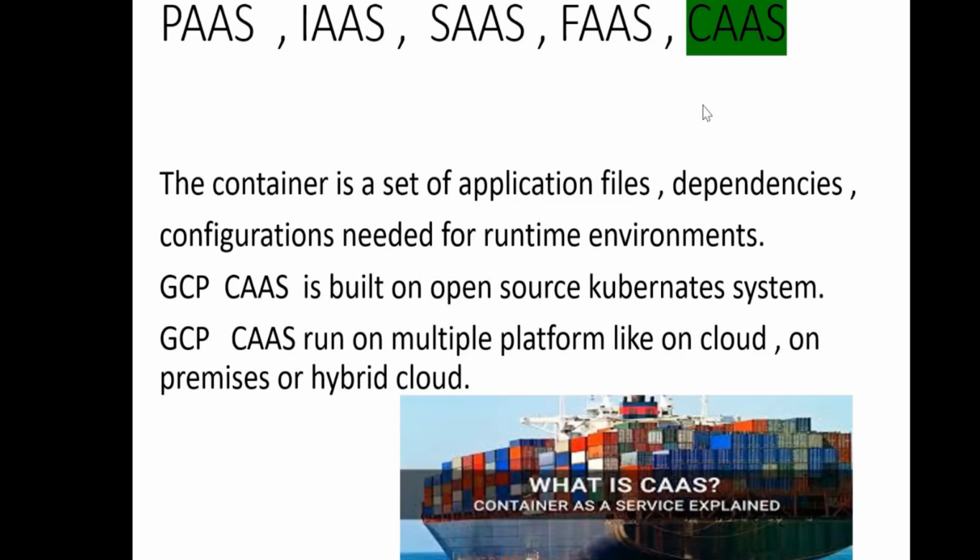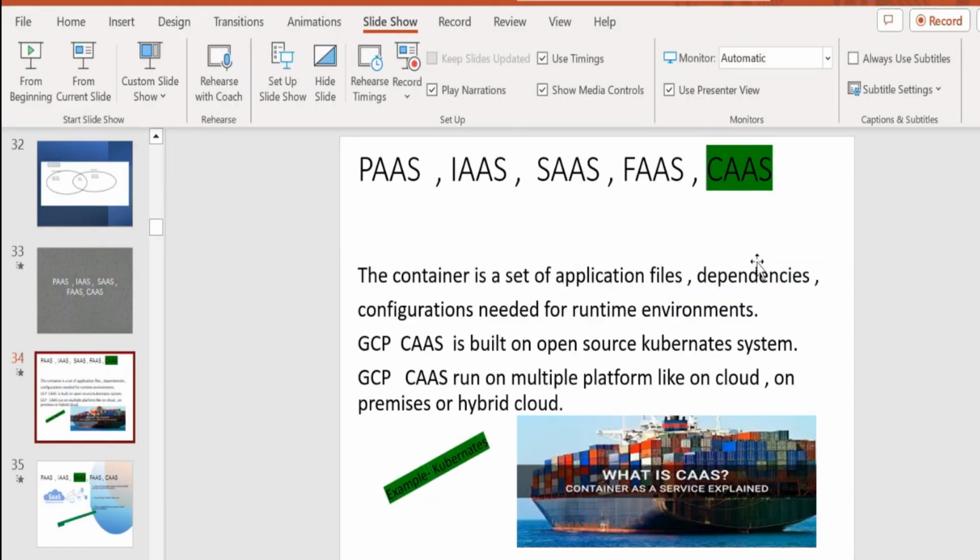So CaaS, container as a service, means our Kubernetes can create multiple containers, and at the time of load, it can supply multiple containers. How is it? Just see here.